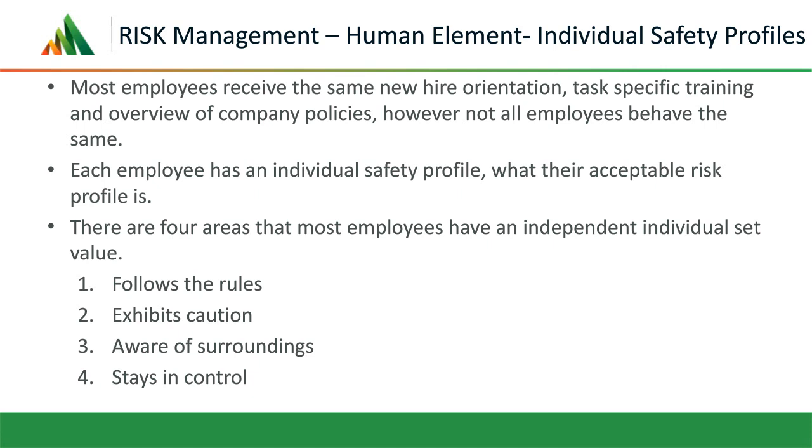It would be great if they did because we could really set up a good safety program, but they have their own individual safety profile, and that needs to be thought about when we're looking at risks to the workplace. So there are 4 areas that employees kind of keep reverting back to when we're looking at that independent safety profile: following the rules, exhibit caution, aware of surroundings, and stay in control.